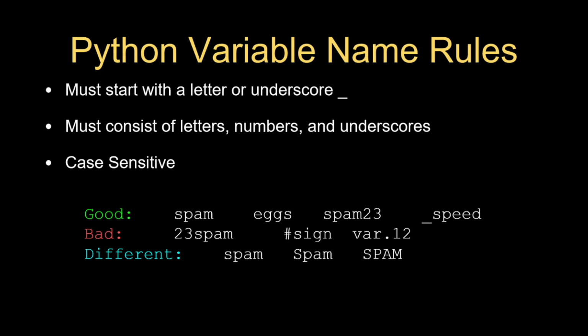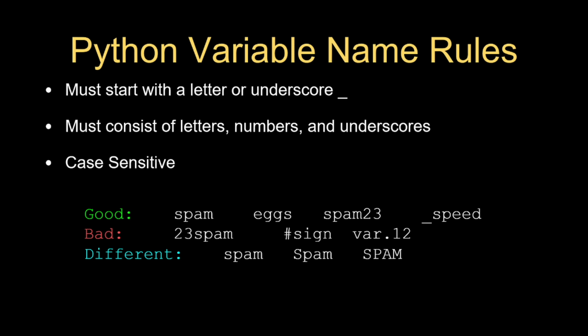There are certain aspects of Python in which Python will require you to use underscore, but for this course, it is suggested that you do not use underscore as a first character for your variable names. So we could say that it should start with a letter.